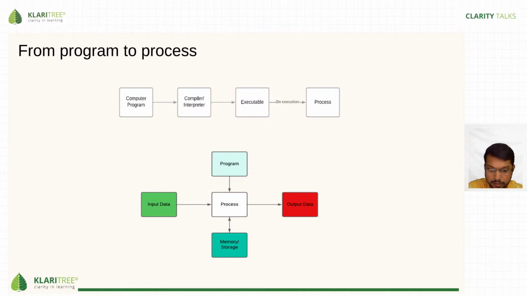And from there, for the computer to be able to execute it, we take these programs and either compile or interpret them. You can think of these as translators. We convert normal English to computer-understandable language, which is binary. Computers, unlike humans, do not understand English.